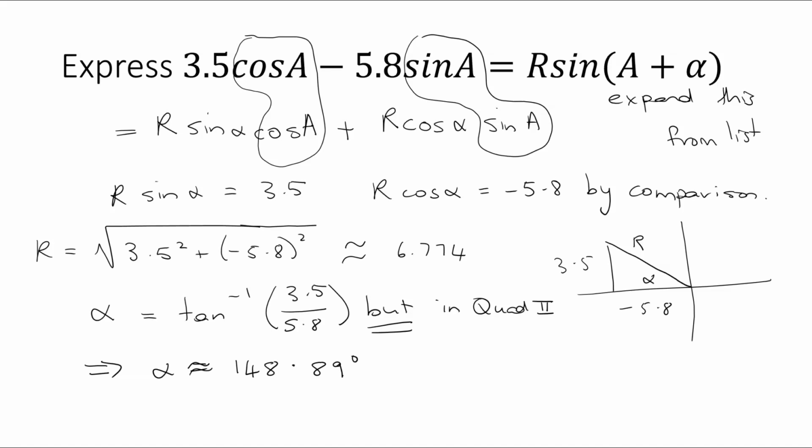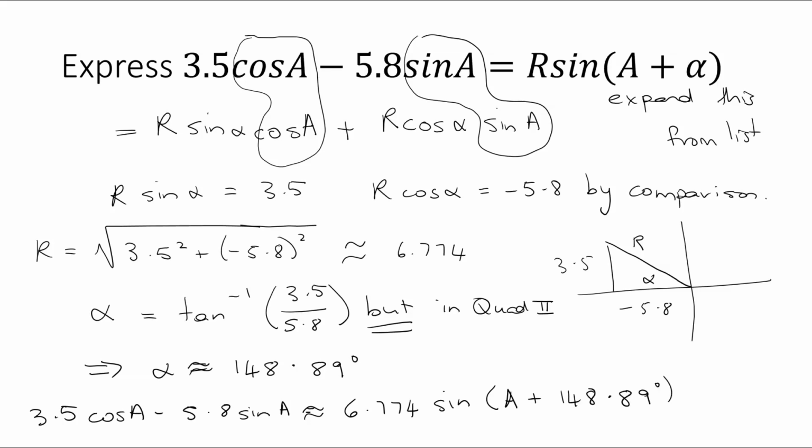So we can rewrite the whole thing to say that 3.5 cos A minus 5.8 sine A can be rewritten as approximately, near enough anyway, 6.774 sine(A plus 148.89 degrees). Just like that.